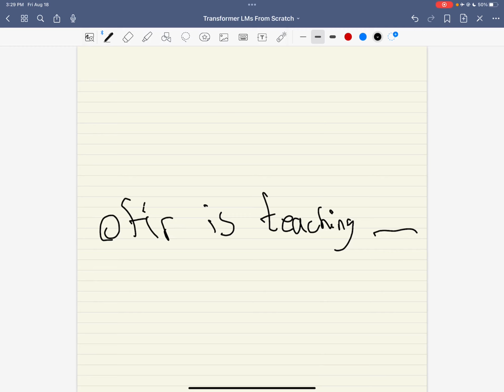To make this training set, you take your string as the input, and your target outputs are the words that appear in the future. So when we input Ophir into our language model, we expect it to output the word is. When we input is, we expect it to output teaching, and so on. So that's your training set.